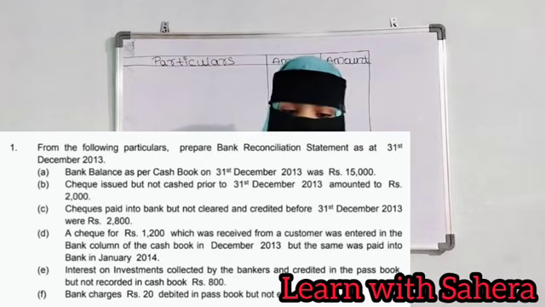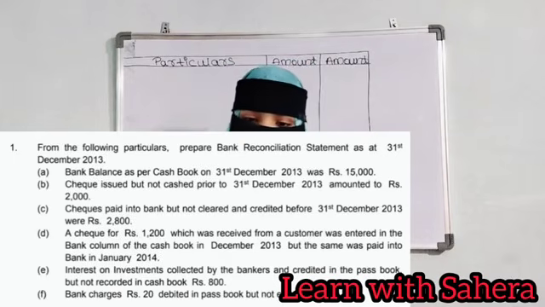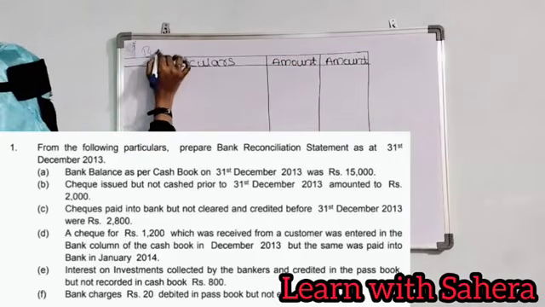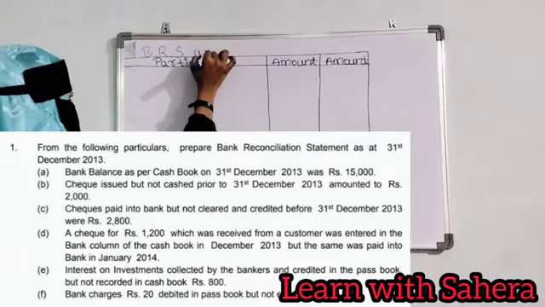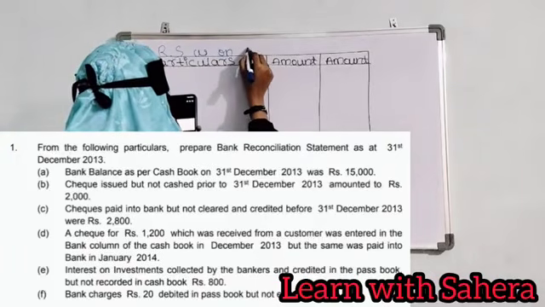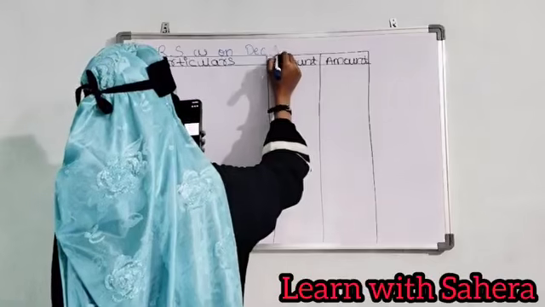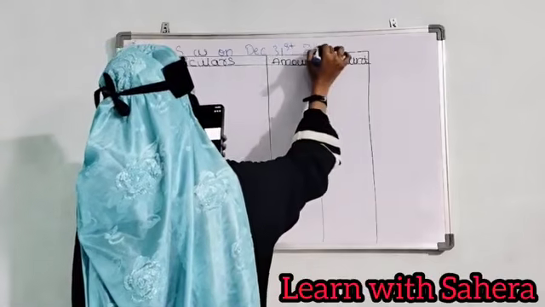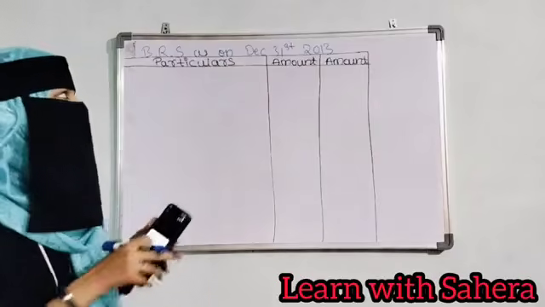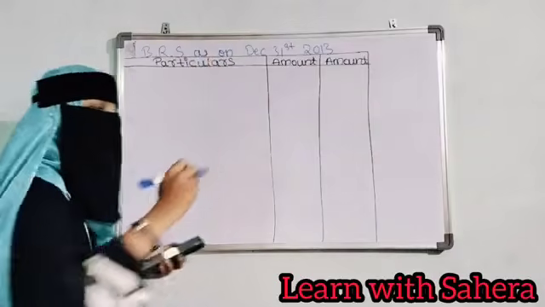The problem is: from the following particulars, prepare a bank reconciliation statement as at 31st December 2013. First, we have to write the heading, bank reconciliation statement, in short BRS, as on December 31st, 2013.